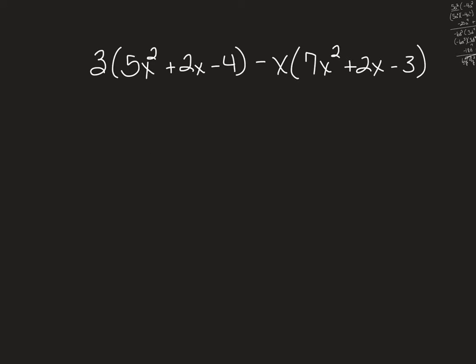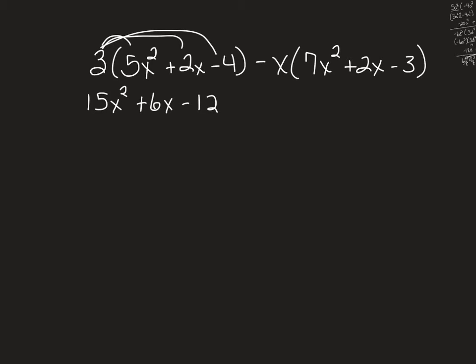Now this problem is a little bit longer, a little bit more involved, but we're simply going to simplify. We'll just have to use the distributive property 2 times. Notice I will have 3 times 5x squared, which gives us 15x squared. That's nothing new that you've not done before. 3 times 2x gives us plus 6x. And 3 times negative 4 is a minus 12.